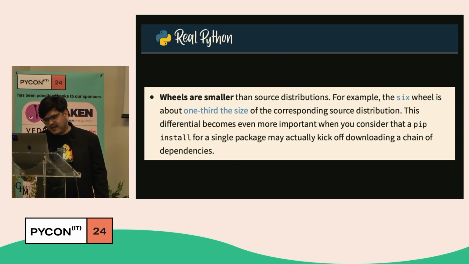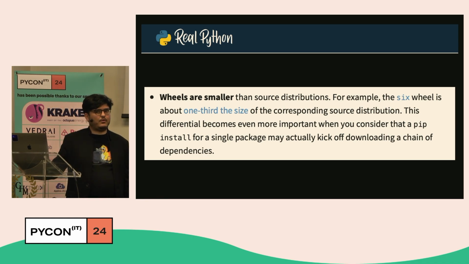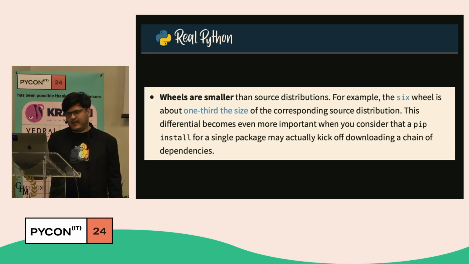Anyway, the second one is: wheels are smaller than source distributions. For example, the six wheel is about a third the size of the corresponding source distribution. The rest of the point is not super interesting. Now, this is another claim that I take issue with. First of all, the example brought forward, the six wheel: if you click that link and take a look, the source distribution is bigger, sure, than the wheel, but it has documentation in it.